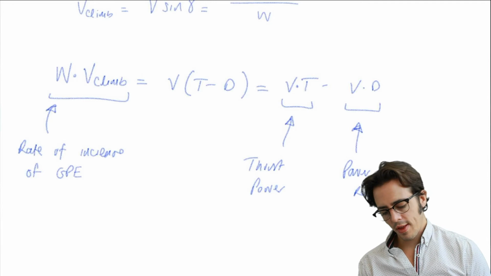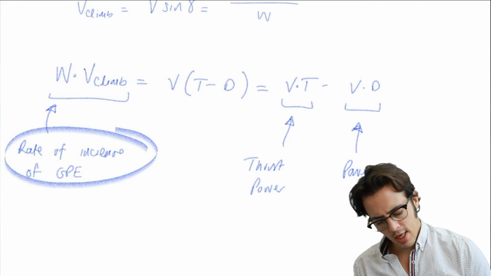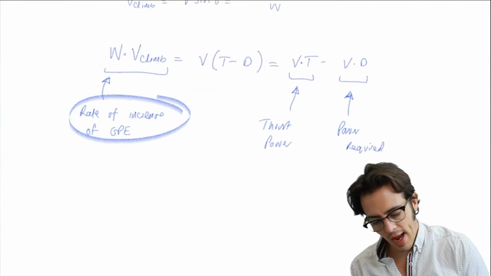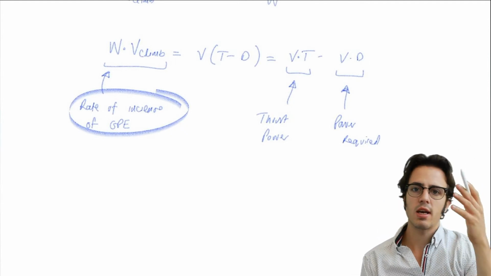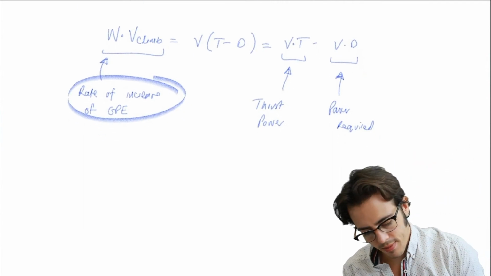Okay, so we know this has units of power over here as well, but we can see here that the maximum climb rate is going to be given at the maximum excess power then.